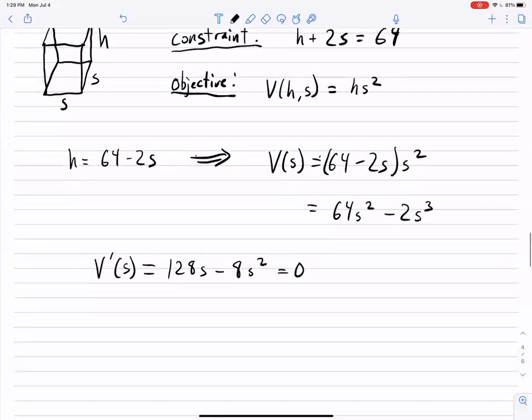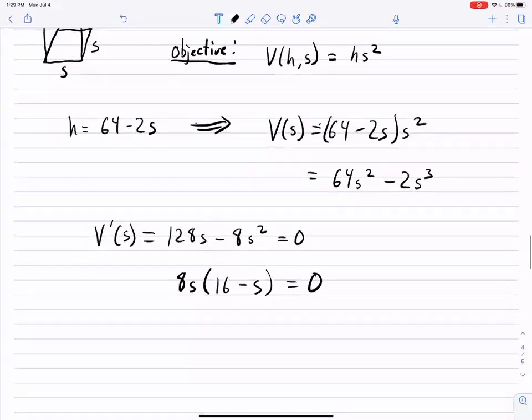We can pull out, 128 divided by 8 is 16, and 6 divided by 8, so if you pull out an 8S, you're left with 16 minus S equals 0. Okay, and so what does that mean? So S is equal to 0 or S is equal to 16.